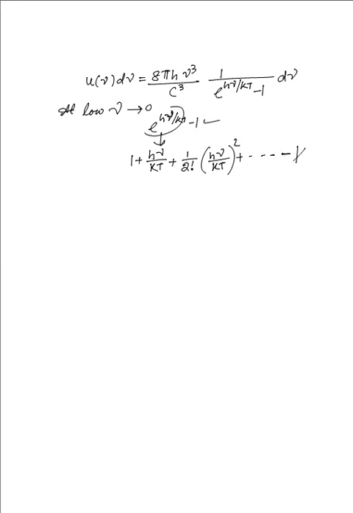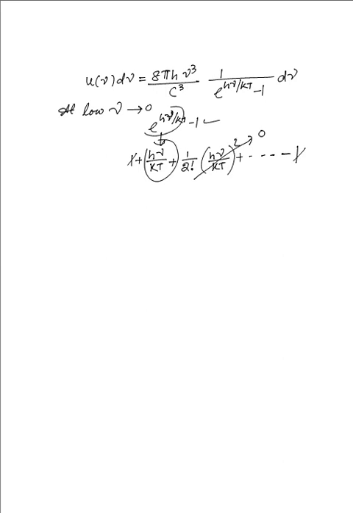So 1 and 1 cancel out, and we neglect the higher terms because the value of nu there goes to 0. So with nu going to 0, the higher order terms can be neglected. So what we are left with is only this, that is h nu by kT.